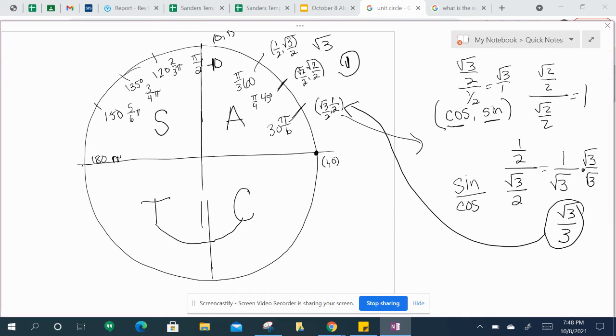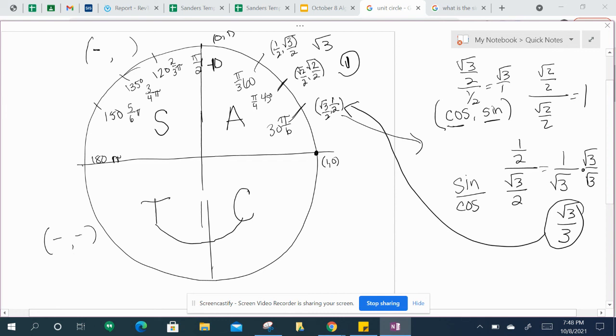Then that same pattern repeats over here on this side. It's just that now when you have an ordered pair, your x value would be negative and your y value would be positive. Therefore, your sine is positive, that's why it's an S, but your cosines and then your tangents would also be negative. Down here in the third quadrant, both pieces would be negative.